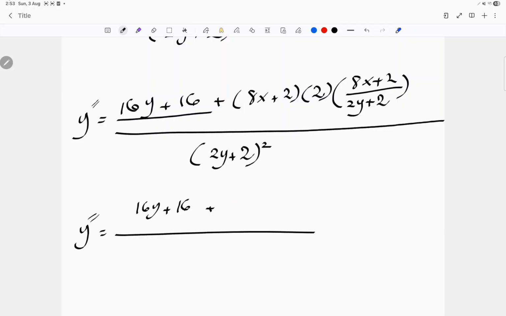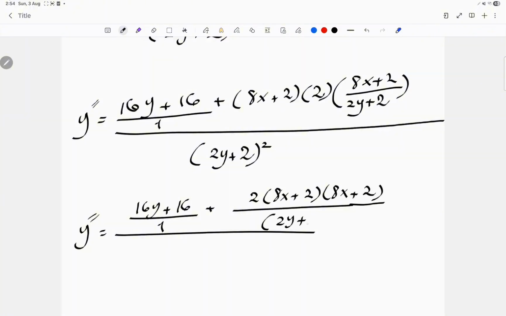What do I put here? It's over how much? 1. It's over 1. This one's over 2y plus 2. The whole thing is over 2y plus 2 squared.